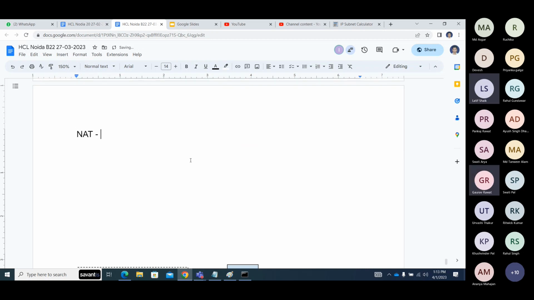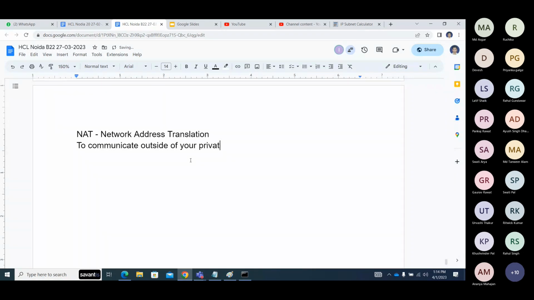So what is NAT? Tell me. Network address translation, to communicate outside of your private network, to the public network.